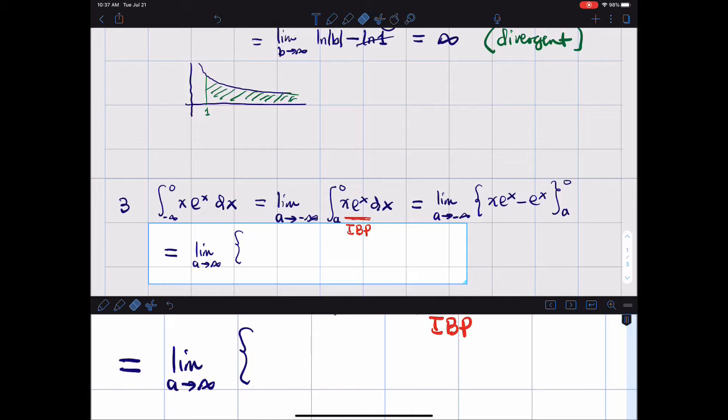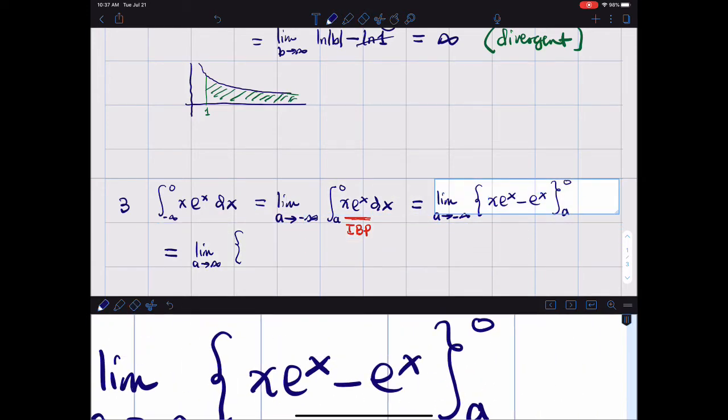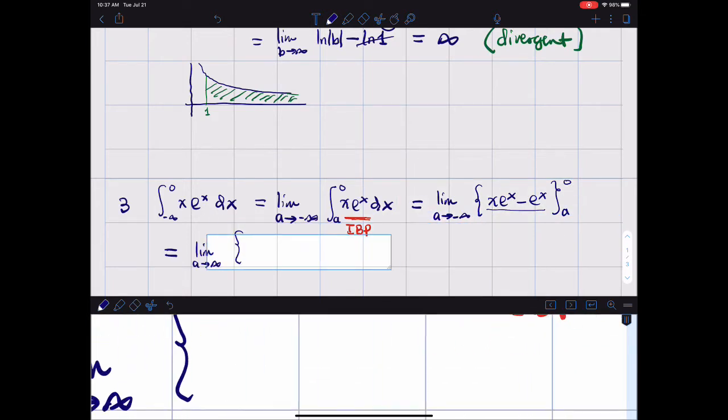Okay, let me be clearer. You plug in 0 into this whole thing, and you're going to end up with negative 1. And then you plug in a and you subtract. When you plug in a, you're going to get a e to the a minus e to the a, right?